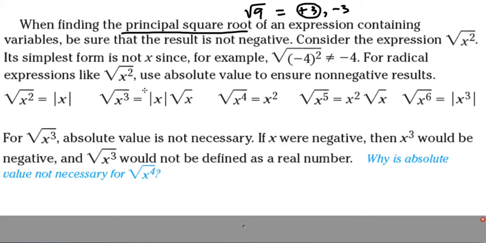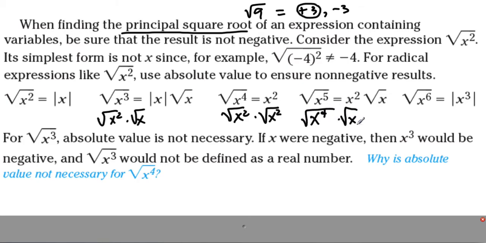Let's go back to the last slide, because if you look at this one, radical x cubed is nothing more than radical x squared times radical x. Radical x to the fourth is nothing more than radical x squared times radical x squared, and radical x to the fifth is radical x to the fourth times radical x.